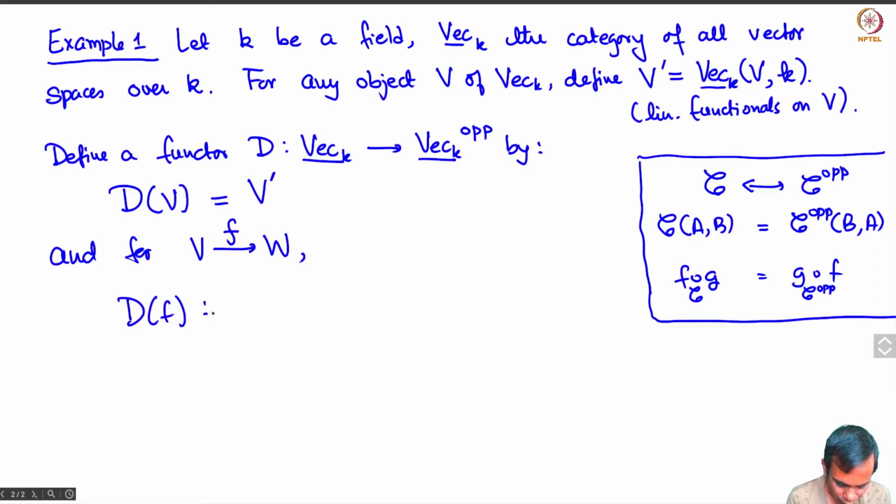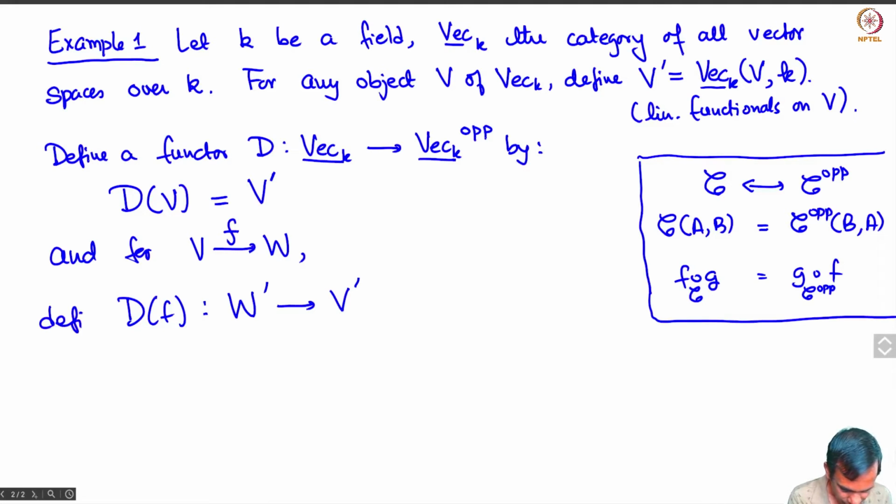So that should go from W dual to V dual, not from V dual to W dual, because it's a functor to the opposite category. So this would be Vec op of V prime, W prime, but then it is just a linear map from W prime to V prime.